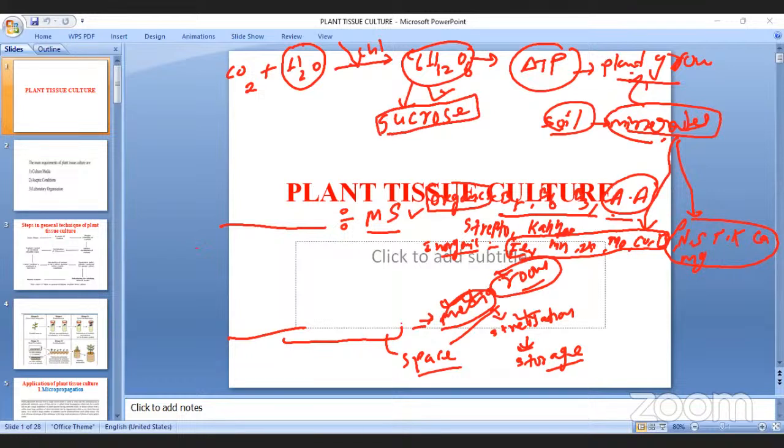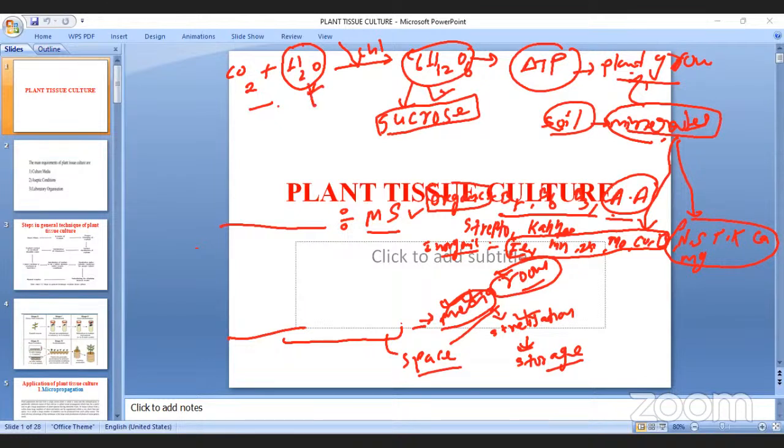Sucrose, and others include lactose, maltose, galactose, raffinose, and cellulose. They are the ones primarily involved. The water is required and carbon dioxide is required, but actually the in vitro culture does not utilize carbon dioxide or water as such.